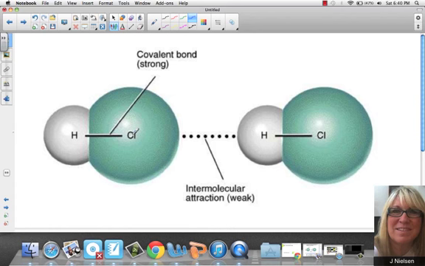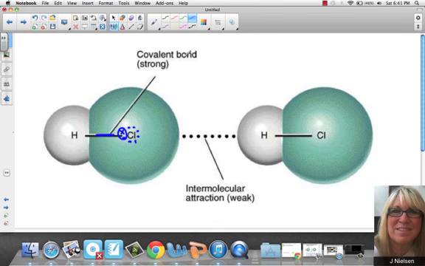We have HCl, and we know that Cl has 7 valence electrons. And we know that hydrogen comes in here with its 1. So these 2 electrons are represented by this bond line.